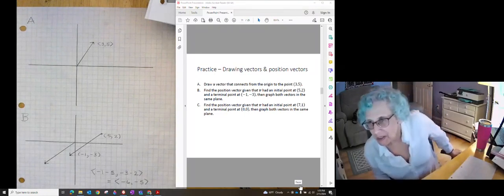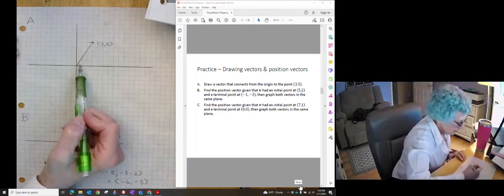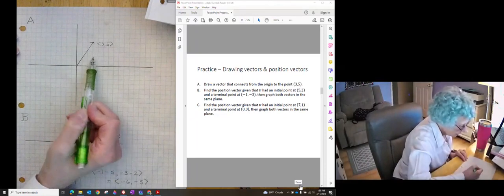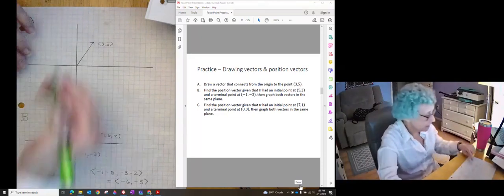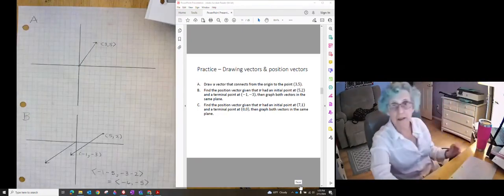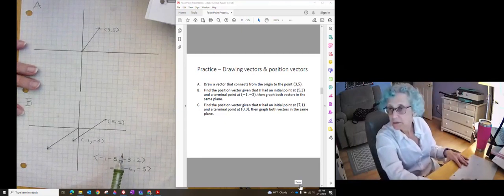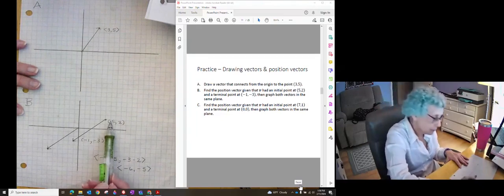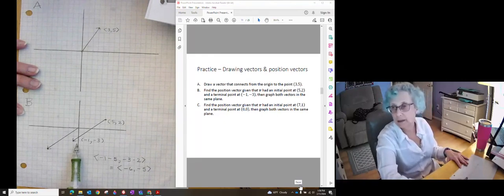Draw a vector that connects from the origin to the point 3, 5. So I just plotted the point over 3, up 5, connected the dots, solid dot at the origin, arrowhead at 3, 5. Find the position vector given that V has the initial point 5, 2 and terminal point -1, -3.